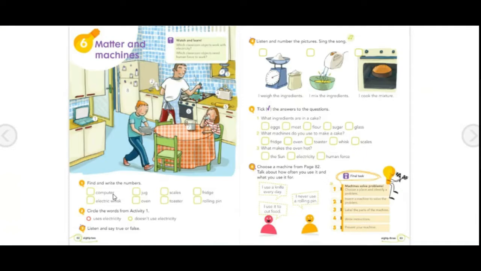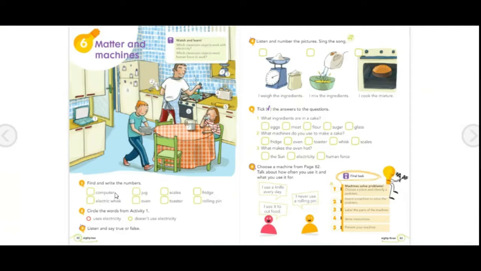Maybe most of you do not know some of these words. For that, I will tell you, it's like a listening. You have to listen to me, and you have to write the numbers. I start.